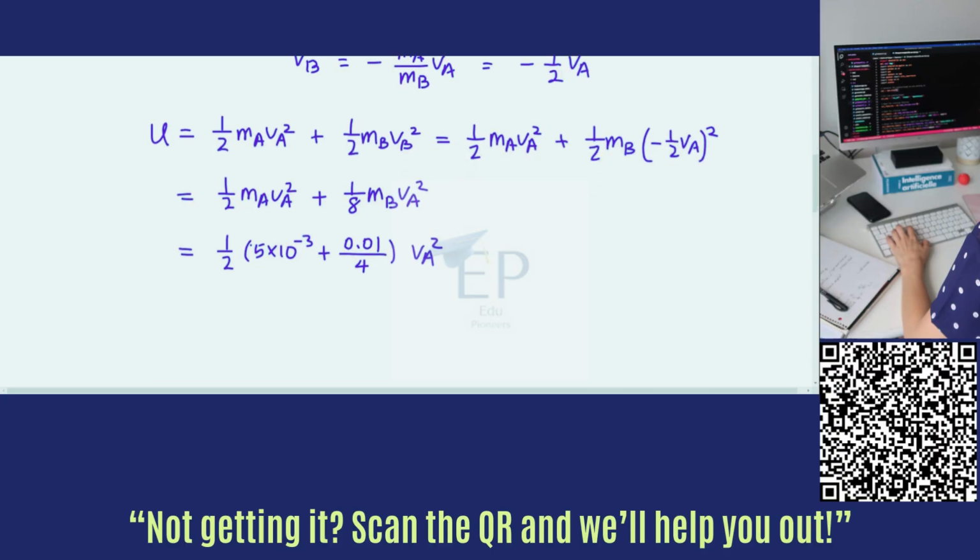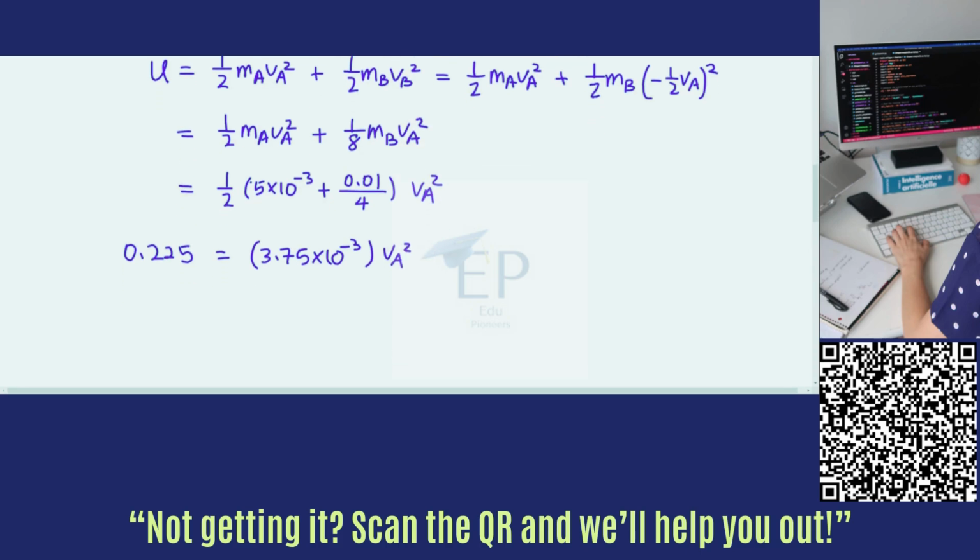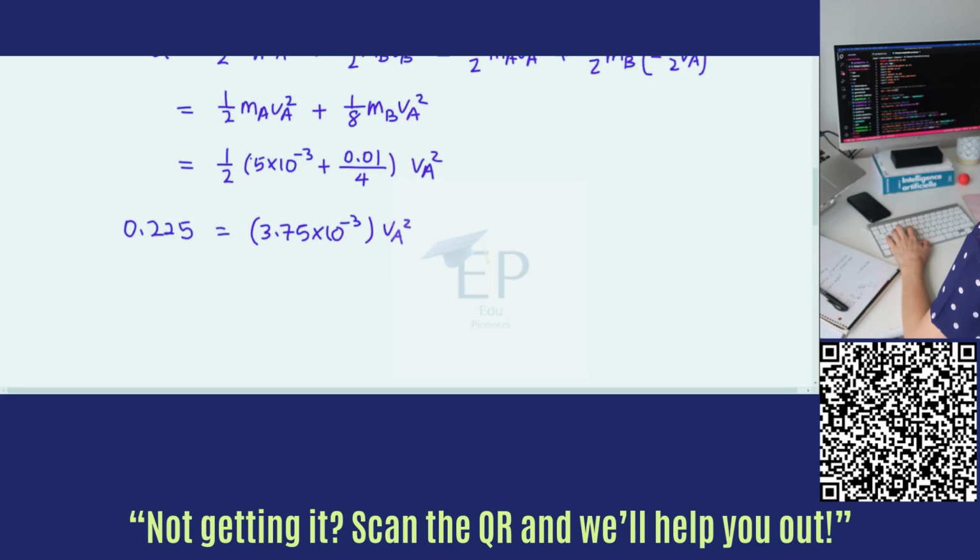So you have 0.225 joules equal to 3.75 times 10 to the negative 3 vA squared. Then vA is equal to 0.225 divided by 3.75 times 10 to the negative 3, and then take the square root.